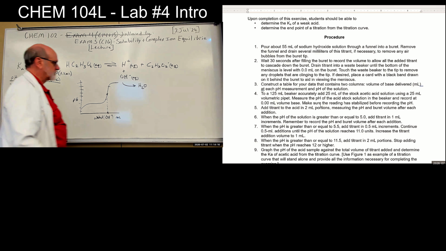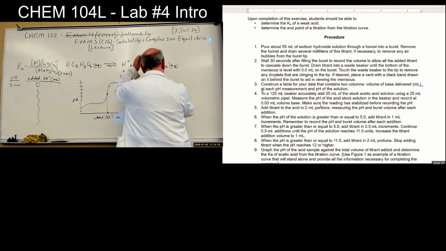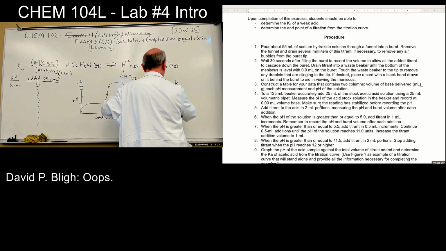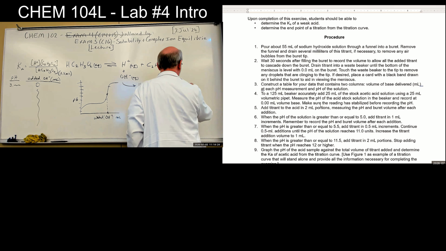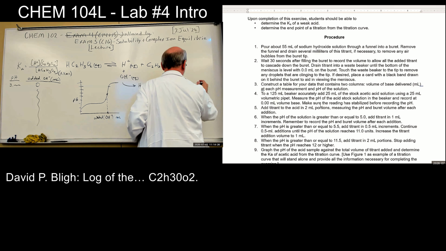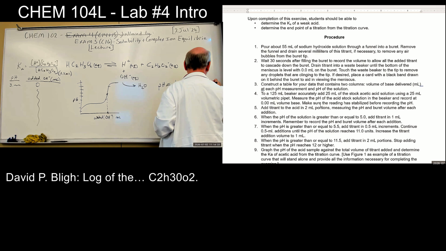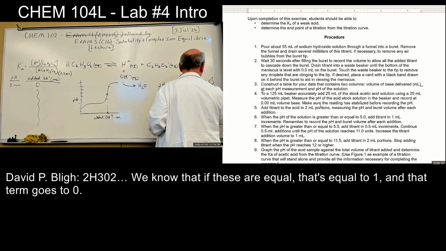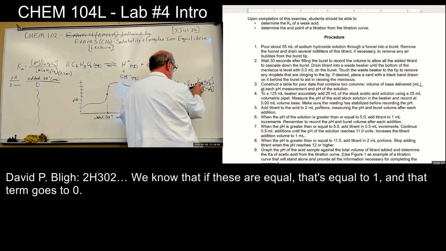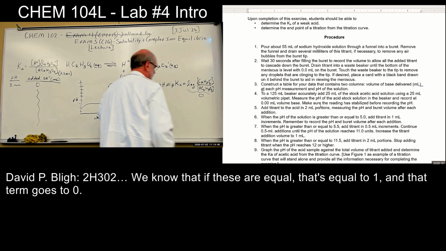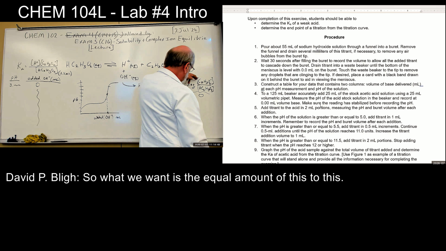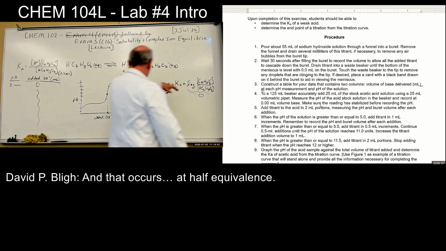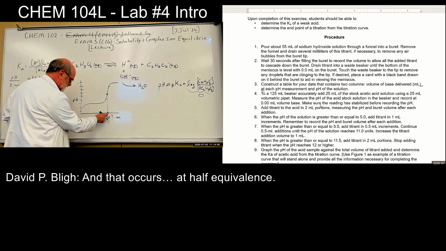And we know from Henderson-Hasselbalch that pH equals pKa plus the log of C2H3O2 minus over HC2H3O2. We know that if these are equal, the ratio is 1 and that term goes to 0. So what we want is the equal amount of this to this, and that occurs at half equivalence.